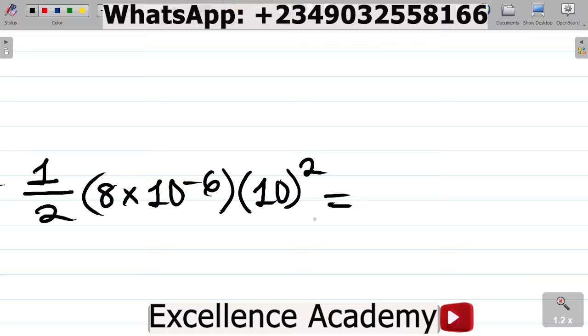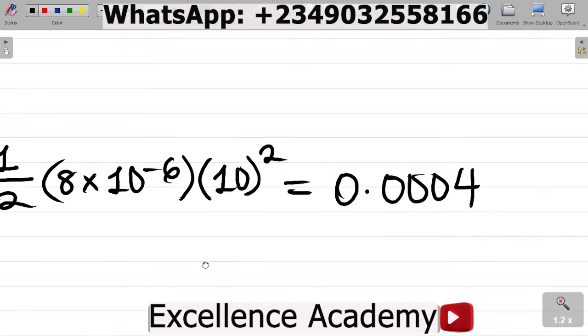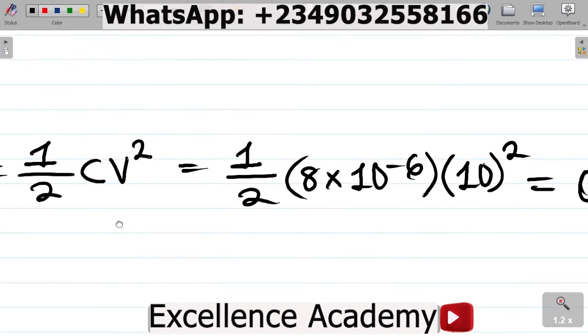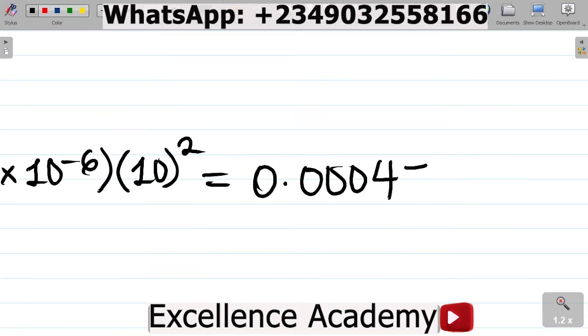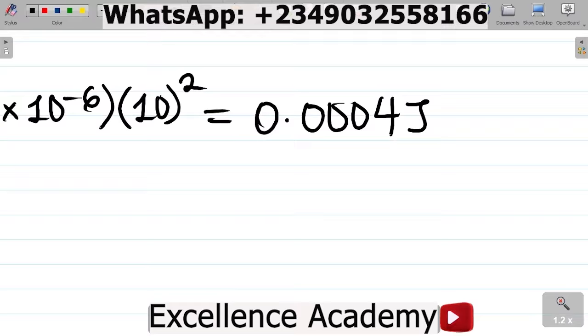The point is you have your answer as 0.5, that's half, times 10 to the power minus 6 times 10 squared. You have your answer here as 0.0004. We're calculating the energy, so that's in joules. Let's convert this to index form.